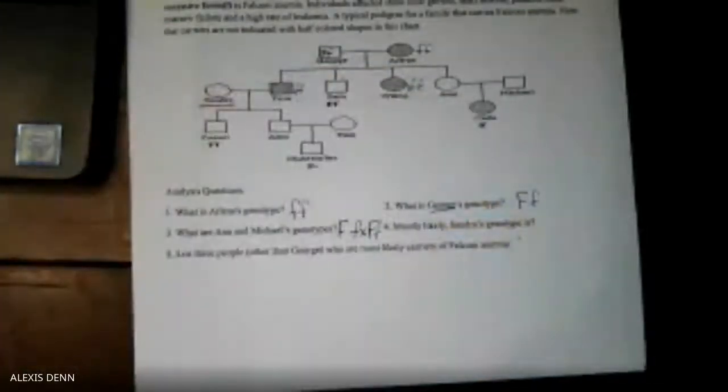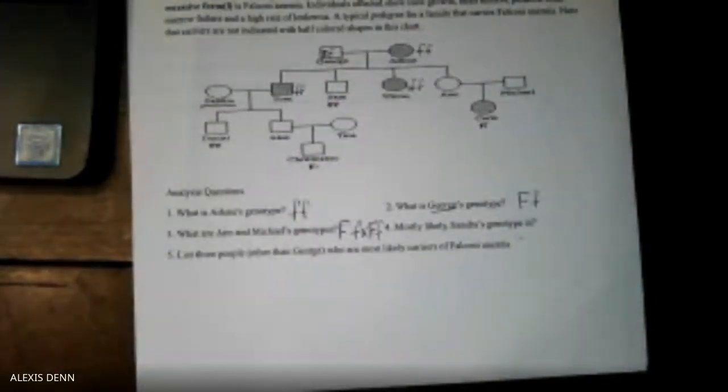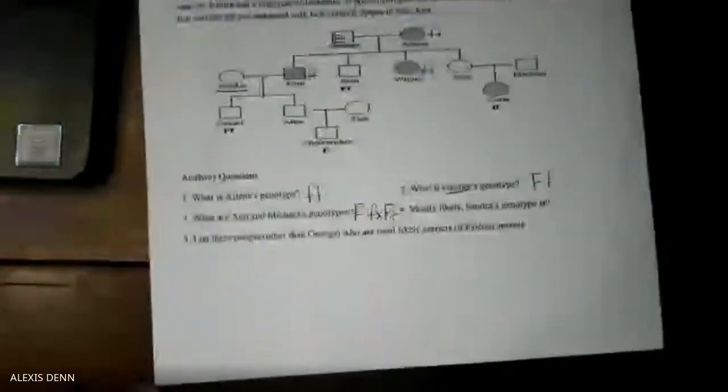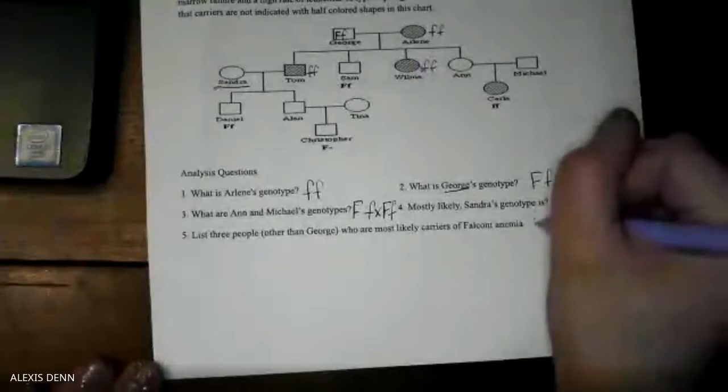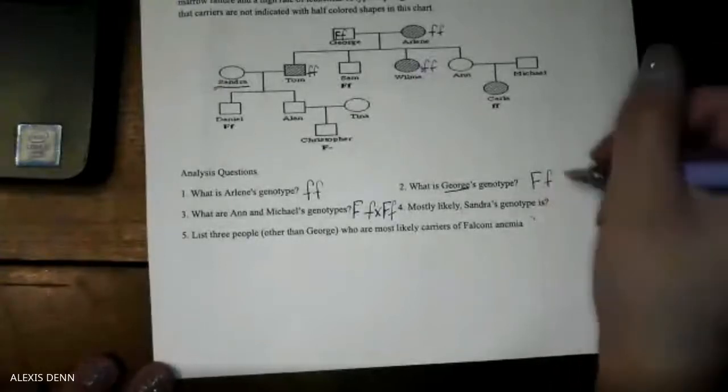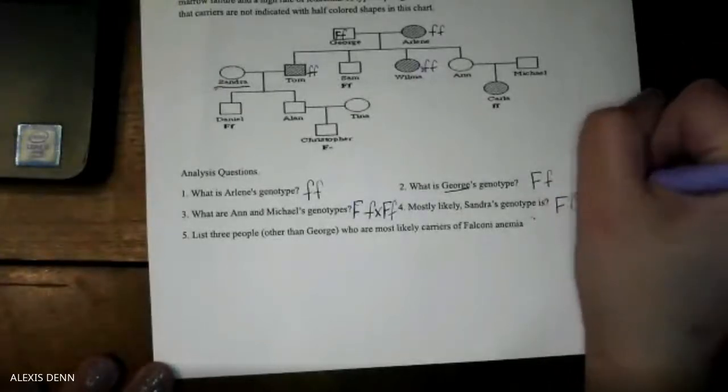Tom can only offer the recessive allele, but none of his children are affected by this trait. That tells me that Sandra's alleles are masking Tom's. And we don't know for sure, but based off of probability and any Punnett squares we can work out, we can say that Sandra is most likely big F, big F.